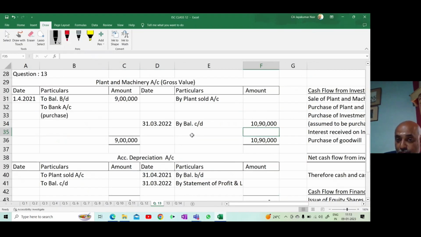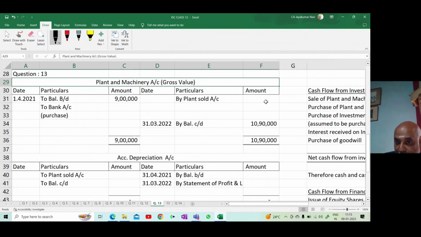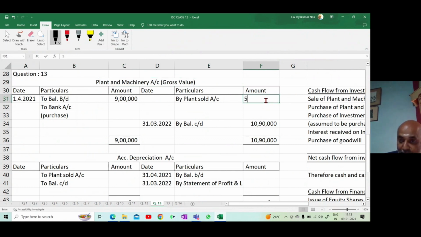Book value means the historical cost of the plant and machinery that you are selling, which is 5 lakhs. So remember, because it is the gross value, I'm taking what is given there, 5 lakh rupees worth of asset we are selling.